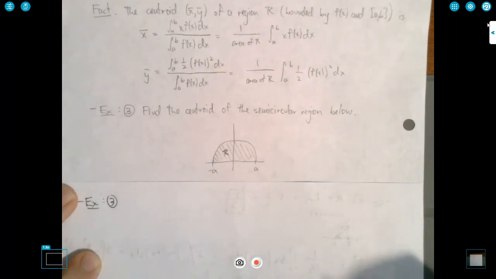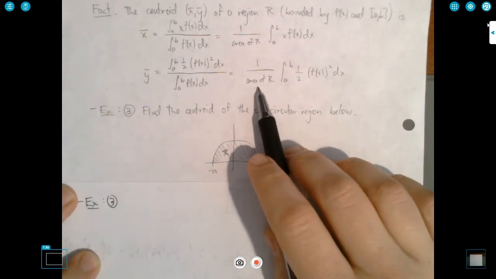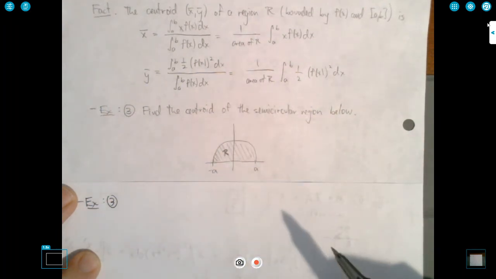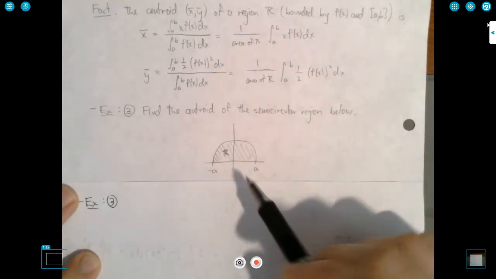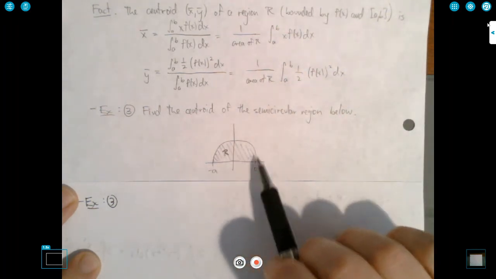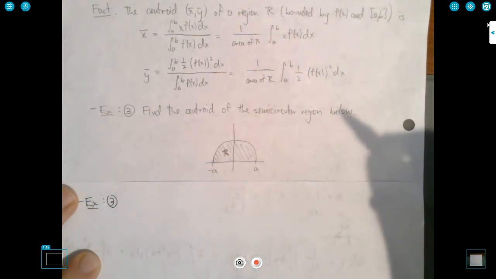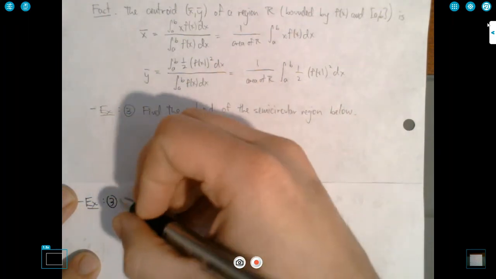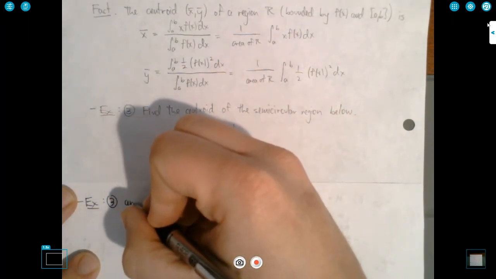Well, first of all, we need to find the area of the region. And that shouldn't be too difficult because we know that this is just a semicircle, and we know the area of a circle is pi r squared. So the area of the semicircle would be 1/2 pi r squared.